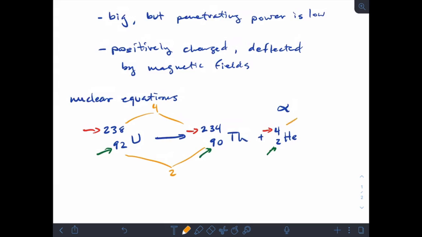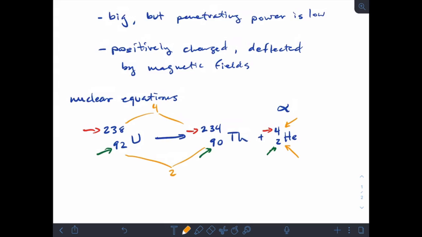And that shows up over here with the helium nucleus. So the sum of your mass numbers on both sides should be equal. I have 238 on the left, and then on the right I have 234 and 4, which add up to 238. So everything should be balanced that way. My atomic number on the left is 92. On the right I have 90 and 2, which total 92. So this is an appropriate equation for alpha emission.